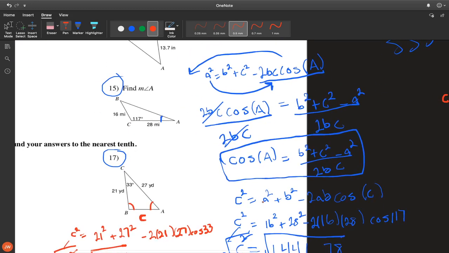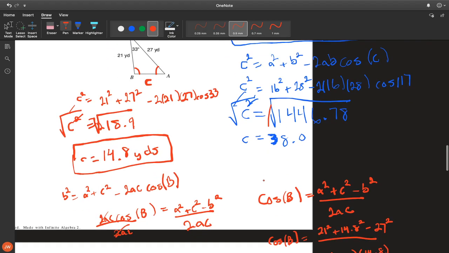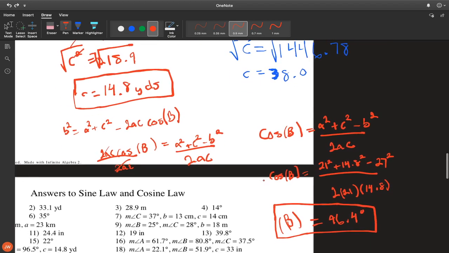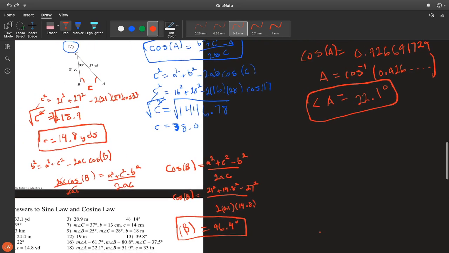And the last thing we have to find is angle A. So we have both of the angles now. Zoom out. We have angle B and we have angle A. Or no, we have angle B and angle C. So angle A is going to be equal to 180 degrees minus the sum of the other two angles.